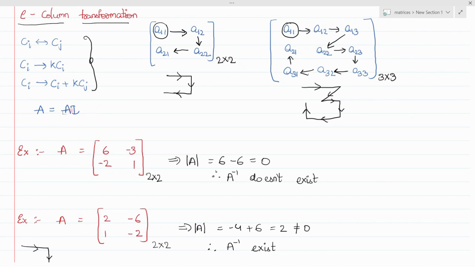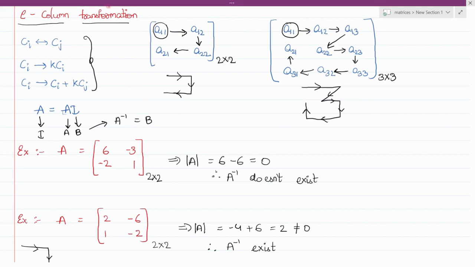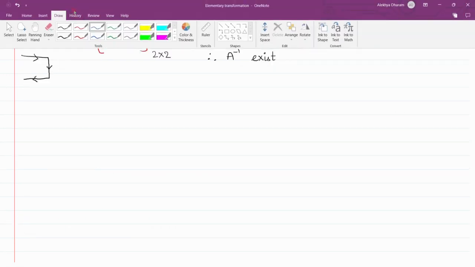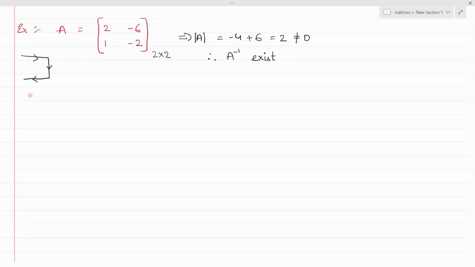And finally, when we convert this, A changes to I, A remains the same, and I changes to B. So from here, we can get A inverse is equal to B. The first step we're going to write here is A is equal to A into I.